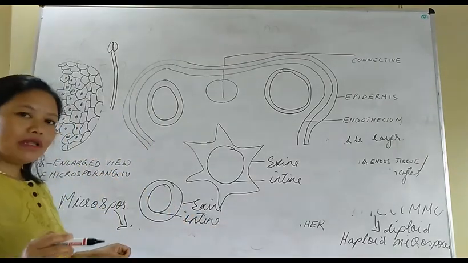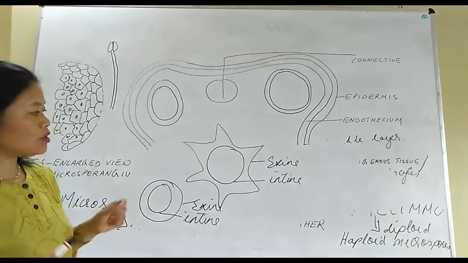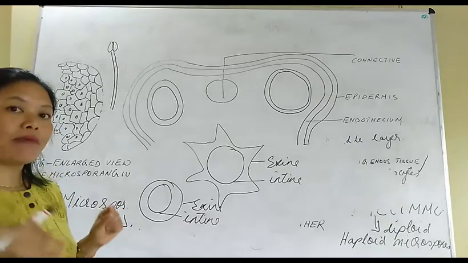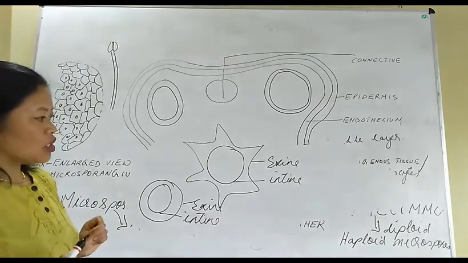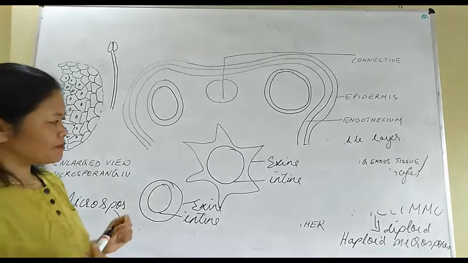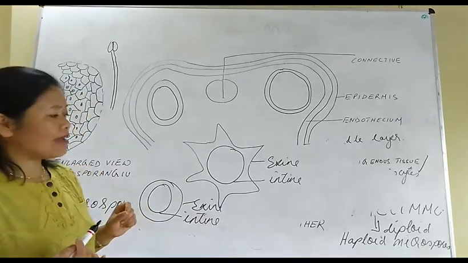One example, even in a practical, if you are going to study pollen grains and observe each under the microscope: you all studied one flower last year in class 11, Hibiscus rosa-sinensis.